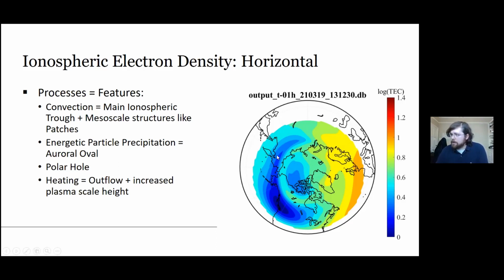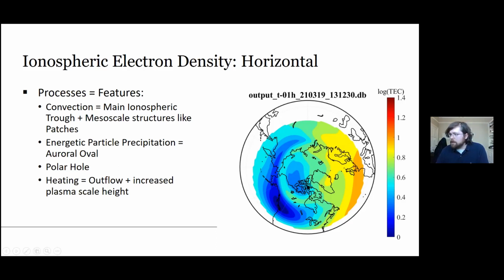But regardless, at high latitudes we expect there to be a main ionospheric trough, given by this region of depletion here, caused by the stagnation of plasma to the night side due to high latitude convection. We expect to see an auroral oval associated with the auroral particle precipitation that predominantly causes enhancement in the E region, but also contributes to the ionization budget of the F region.